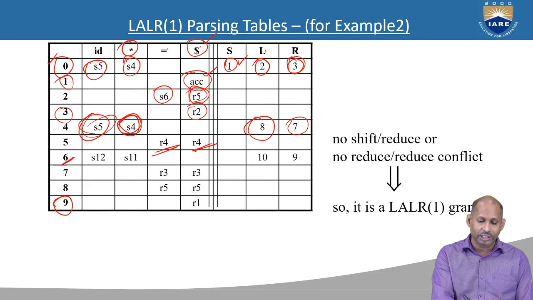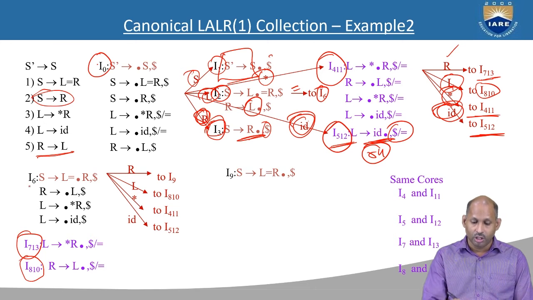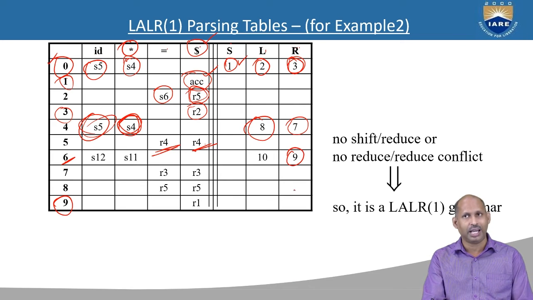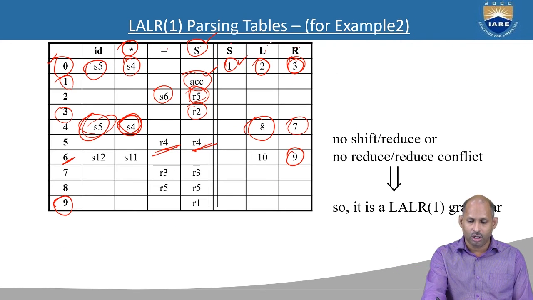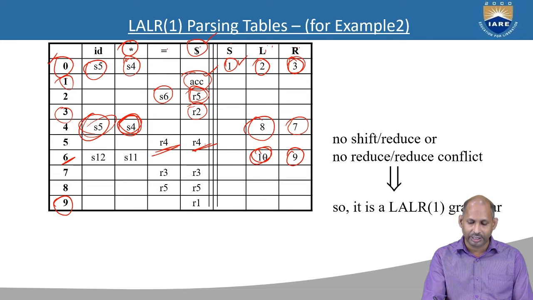Then what is the sixth state? On R it is I9. On L it is I8, and I8 is the same, so it is I10.